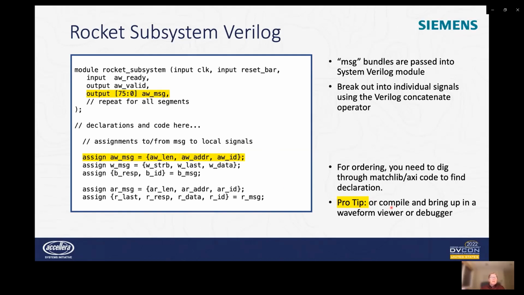So what I do is I compile up the fabric, run the SystemC for a dozen clock cycles, bring a traced waveform view up in a waveform viewer, or just bring it up in a debugger and look at the payload structure. And that will show you the order that they've been stored in and the size of all the fields. You can just query that directly with your favorite debugger. And this is much easier than digging through the code.